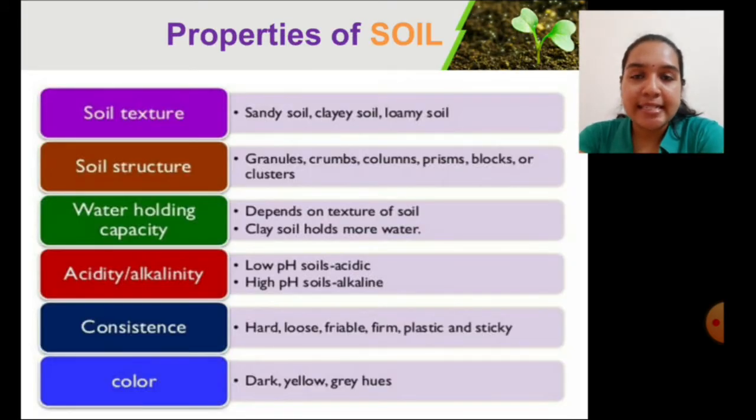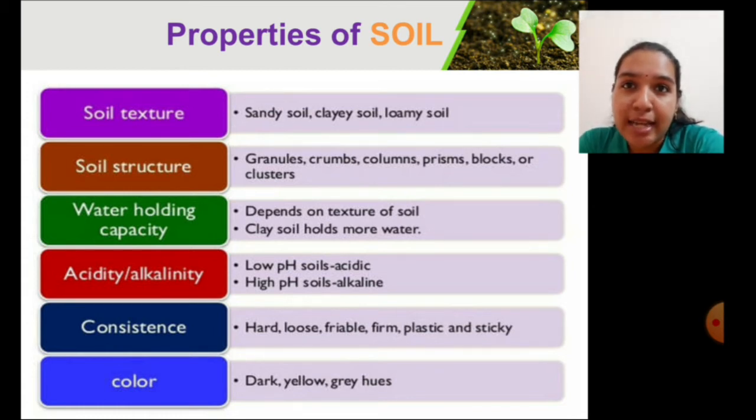Here you can see and understand different properties of soil and different distinctive characteristics of soil. For example, soil texture is a property based on which different soil types have been differentiated.